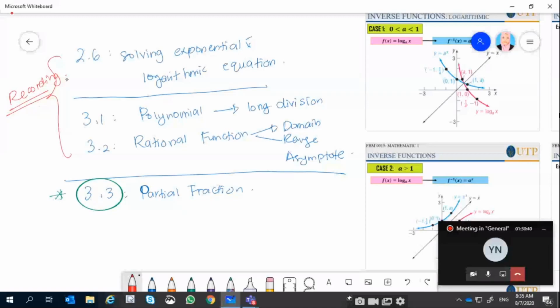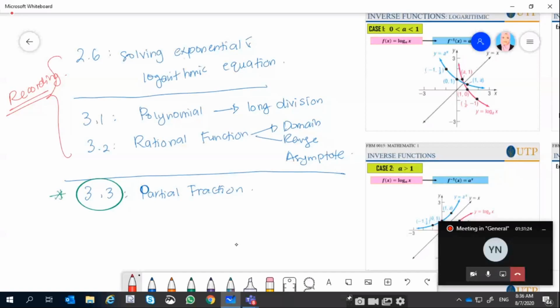For today, I will go through 3.3 first, and then next lecture, lecture 2 for week 6, we will continue to 4.1. Your test will be next week on Saturday, so I try to cover the syllabus, and the remaining time we will spend on revision.